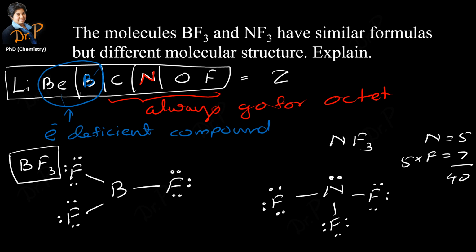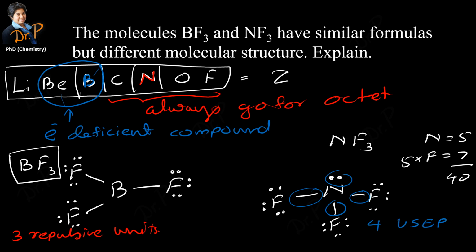When you examine the electron domains or the repulsive units, the VSEPR units around the central atom, for BF3 you will find 3 repulsive units, but for NF3 you will find 1, 2, 3, 4 repulsive units, or VSEPR units.